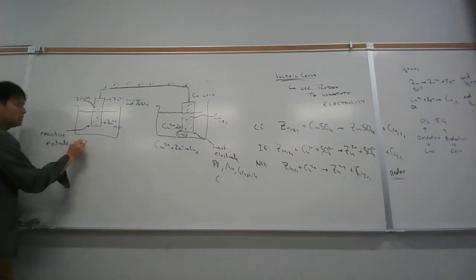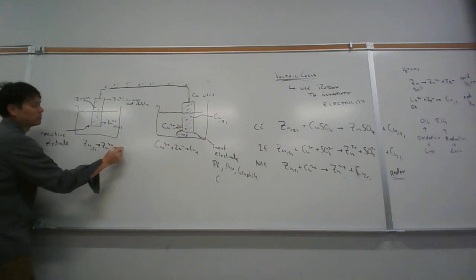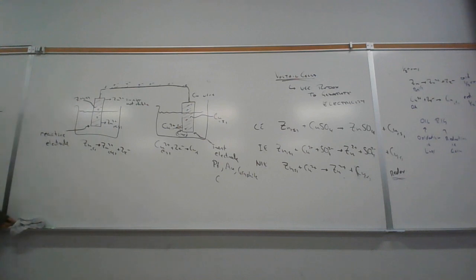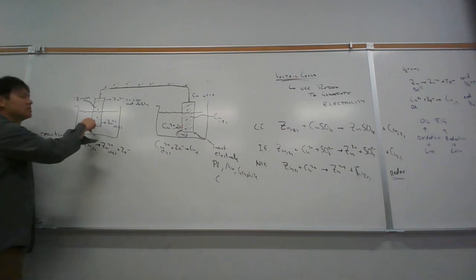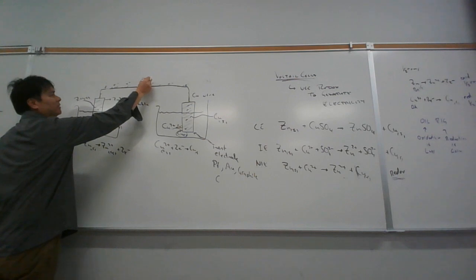Over in this beaker, we're going to have zinc solid goes to zinc 2+ aqueous plus 2 electrons. So it would be aqueous now. And the electrons, do you see the electrons are going to flow from left to right?